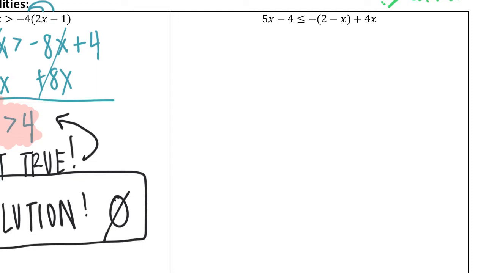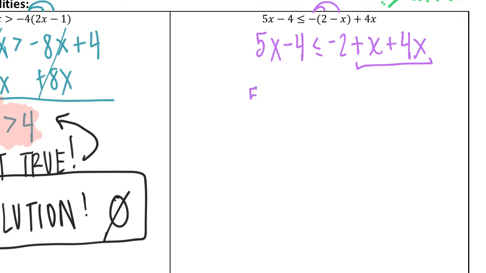In this next problem, we're going to use the distributive property on the right-hand side. It's like multiplying through by -1. And then we need to combine our values on that right side.